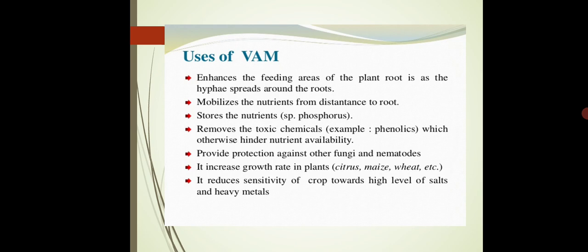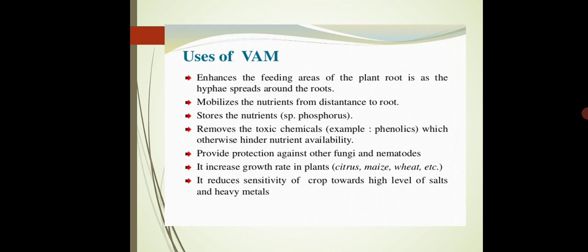It stores the nutrients especially phosphorus. So phosphorus like nutrients are being stored. It removes the toxic chemicals like phenolics which may disturb the plant growth, or it may hinder the nutrient availability. It may lower the nutrient availability. तो ये toxic chemicals remove करते हैं from the soil.